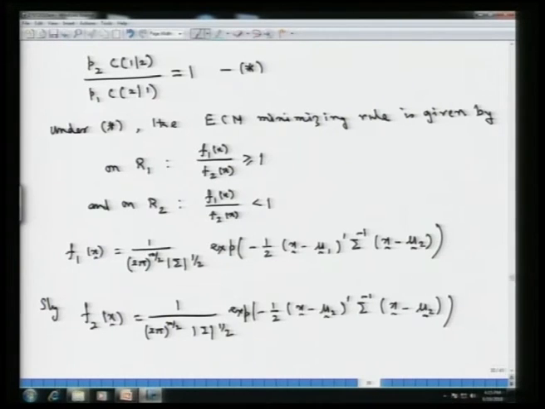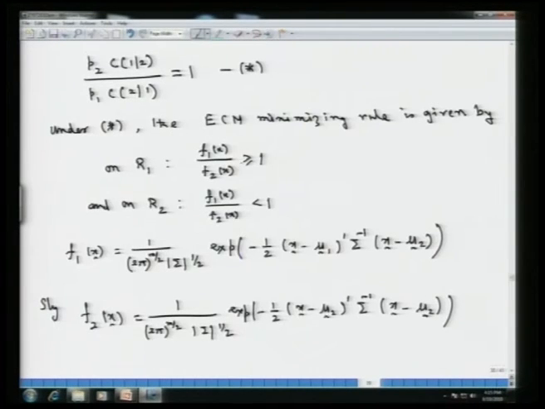Then let us look at what this actually leads us to. This leads us to a simple, known form, and that is what we are going to show. So, f1(x) greater than or equal to f2(x), remember that is the region R1, where f1(x)/f2(x) greater than or equal to 1.